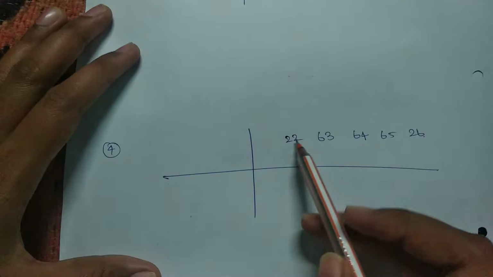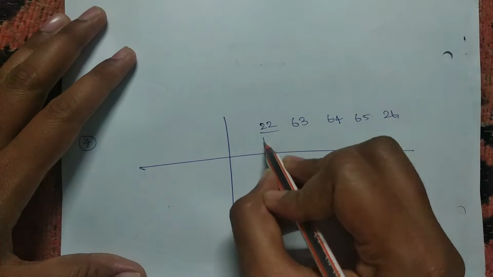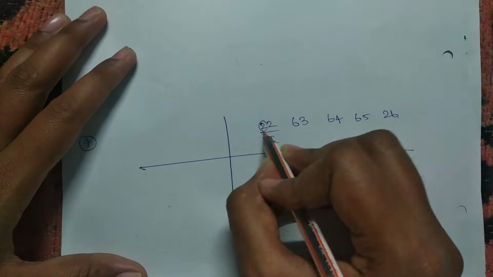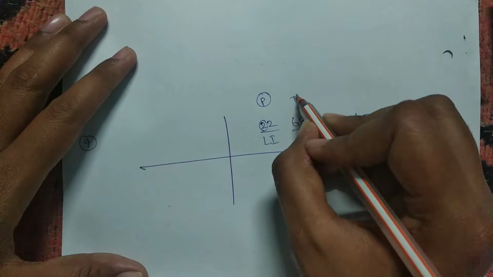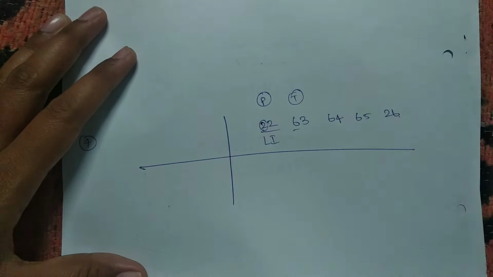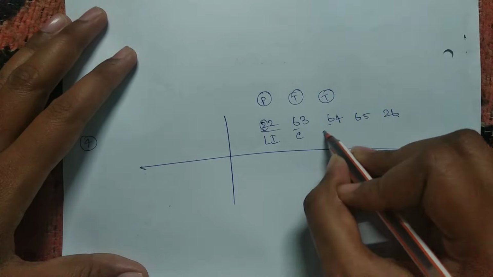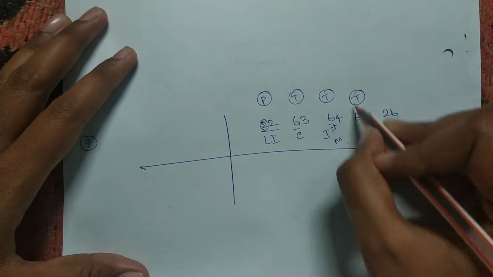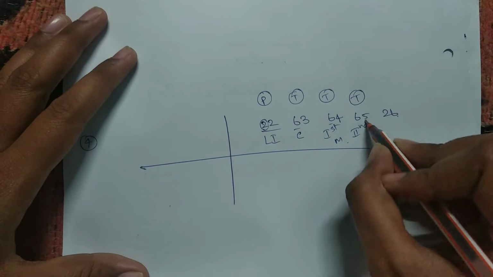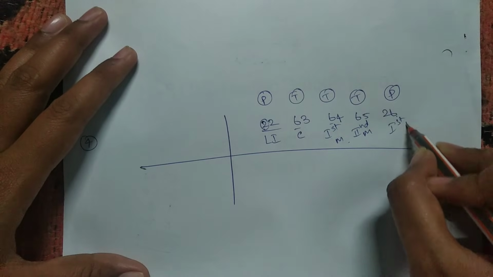Then coming to the last problem, here 2 is the lateral incisor, and 2 is present, so permanent lateral incisor. 6 is the temporary canine, 6 temporary first molar, temporary second molar, and permanent first molar.